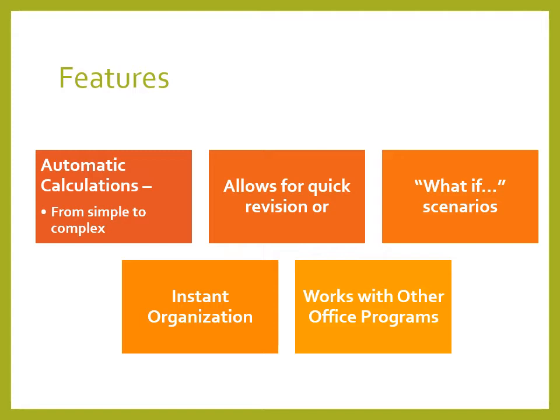So, for example, if somebody wants to change one item in the budget and see how it will affect all the other numbers, they can do that super quickly. Or if they want to see if they switch their processing times or their construction times and how much it will spread out over the year, they can create these what-if scenarios. It also allows for really quick instant organization, so filtering and sorting and all sorts of things like that.